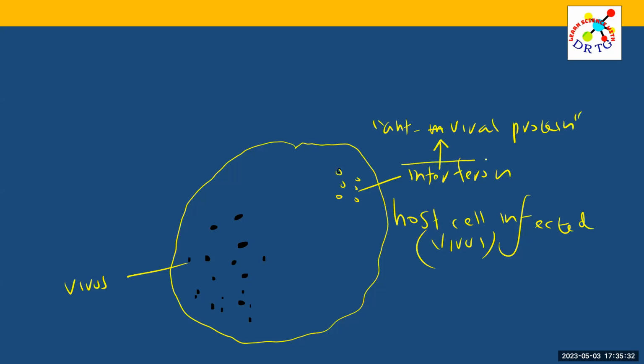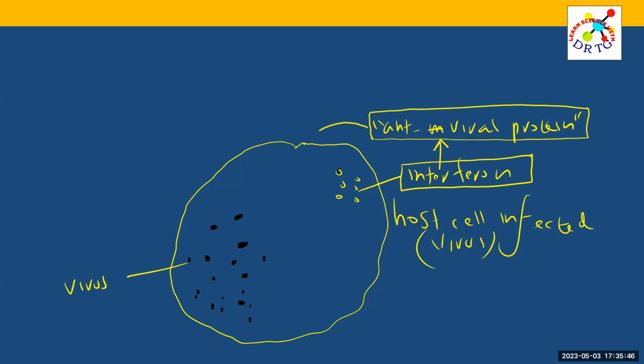So interferon is responsible for producing antiviral protein. Now, how do antiviral proteins help? In several ways. One is to inhibit virus replication. So we are not going to look at details.